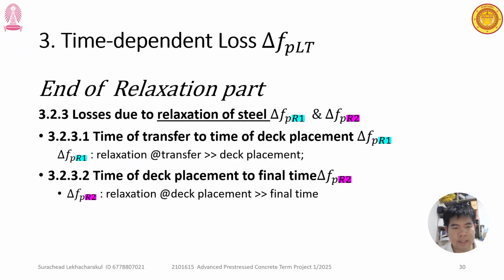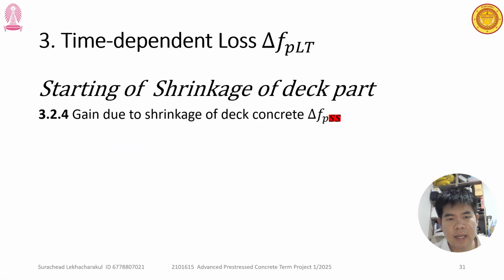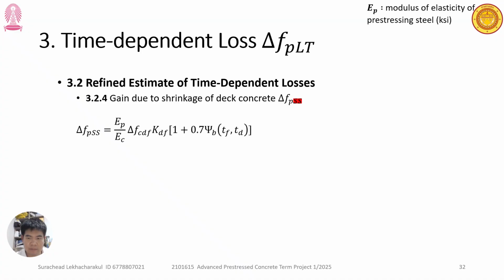Okay, end of the relaxation part. And the last part is the gain due to shrinkage of the deck concrete. After you pour the concrete and after the hardening, the shrinkage is like a stressing again.